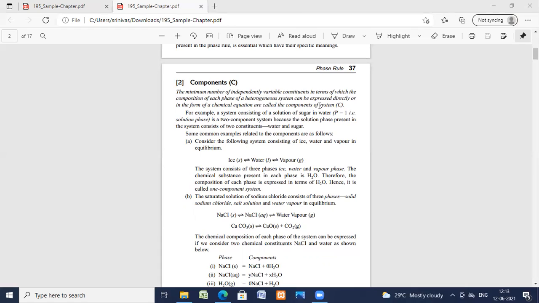Example, you can take water. It has three phases. So the formula is nothing but the components.